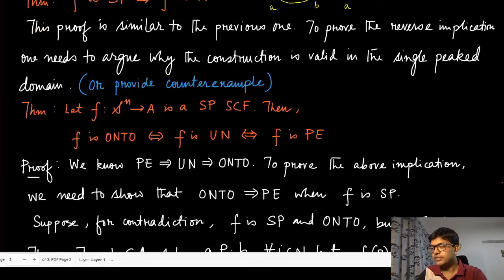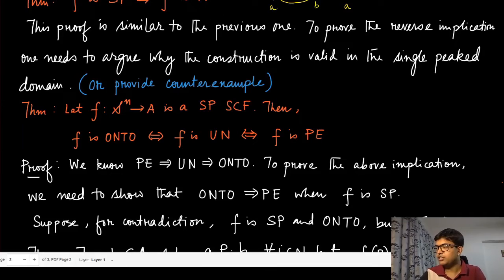So the next result that we have already shown in the case of Gibbard-Satterthwaite, that is the unrestricted domain, is about ontoness, unanimity, and Pareto efficiency. As before, Pareto efficiency is the strictest notion, and it implies unanimity and ontoness. That holds even here too.